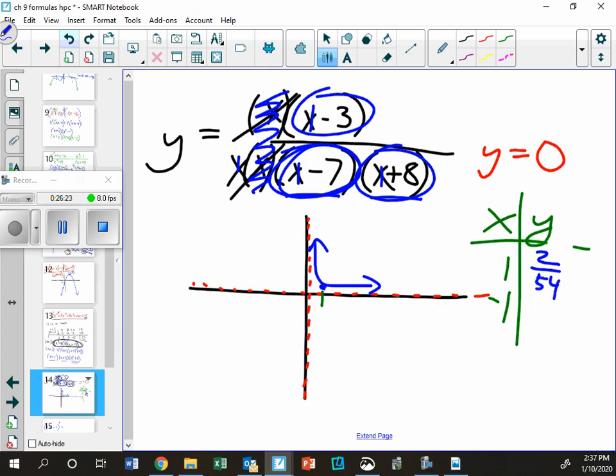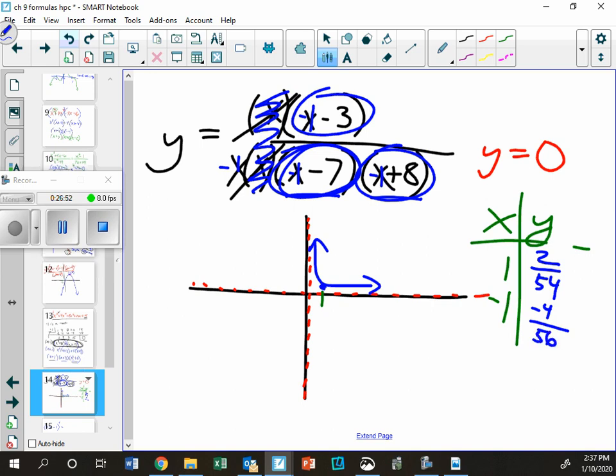Now let's put in -1. When I put in the -1, -1 goes here, here, here, and here. And that's -4 on top over, let's see, -1 times -8 times +7, 56, let me think, +56.